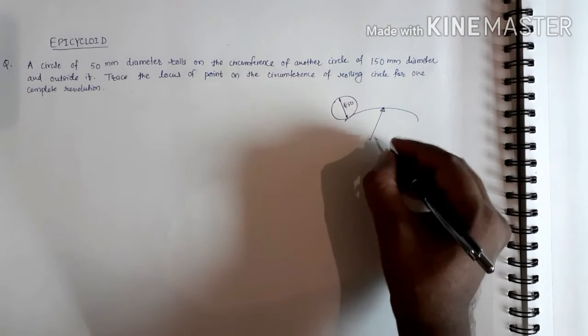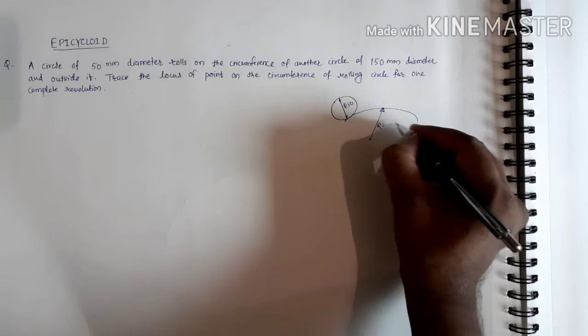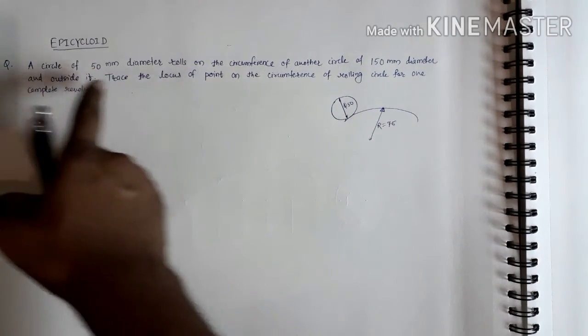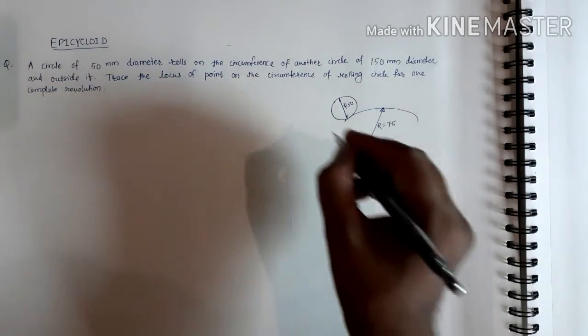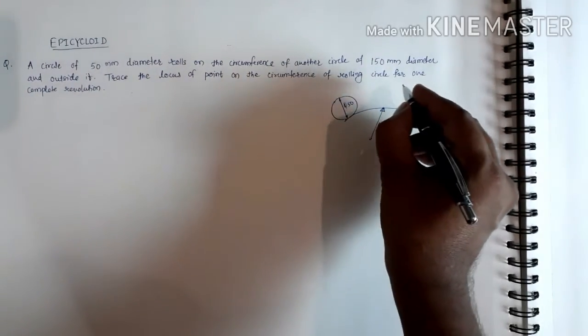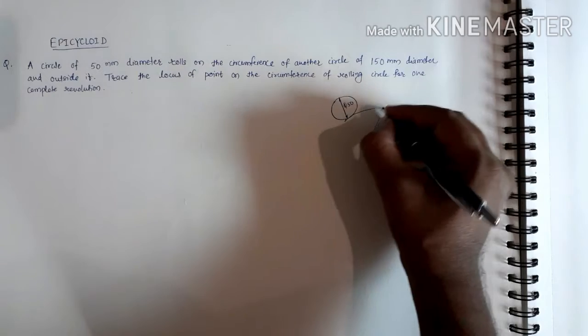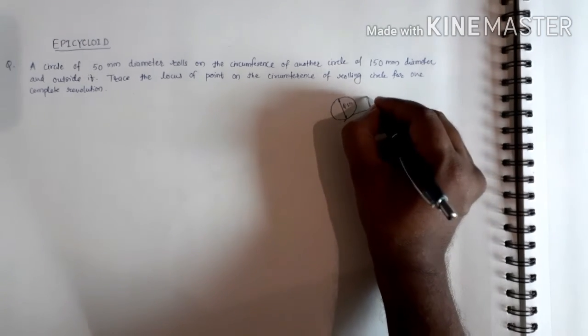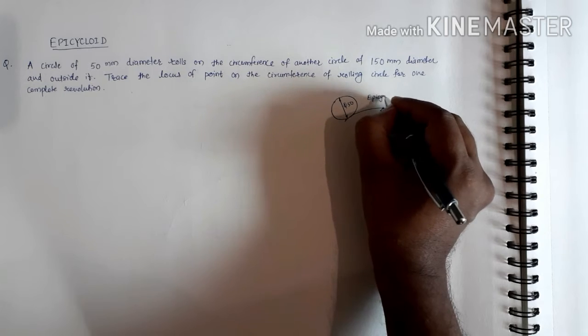Show the radius 75 mm. Now when the small circle rolls on the circumference of the other circle, it will trace some points that will be the epicycloid.